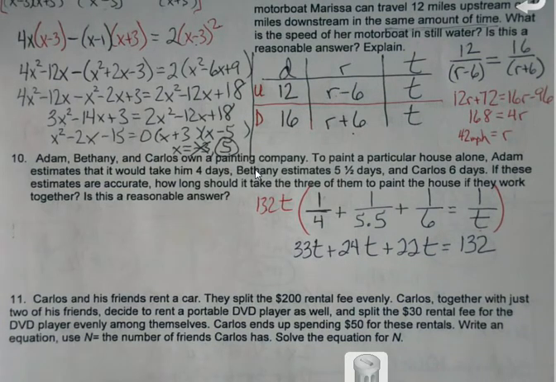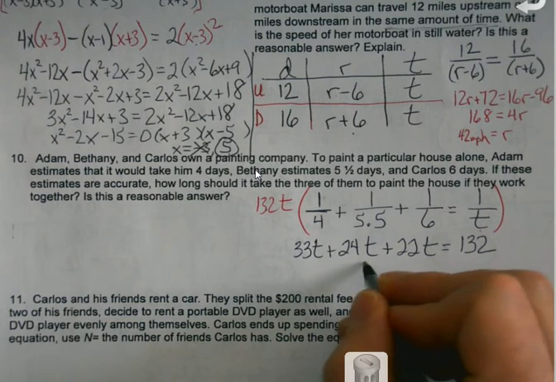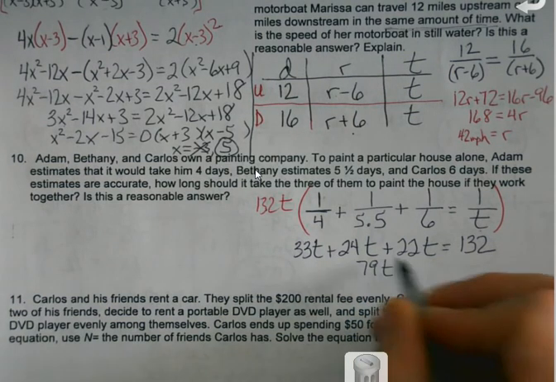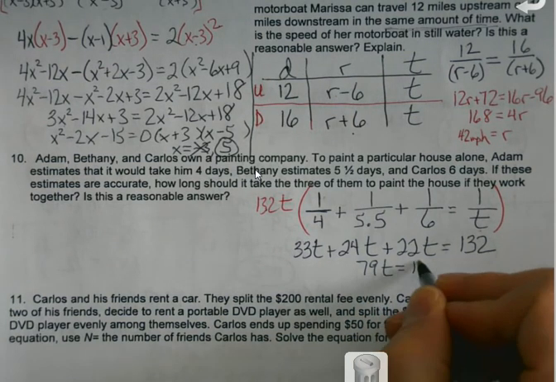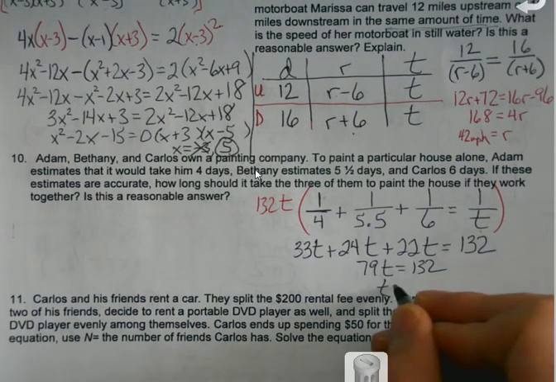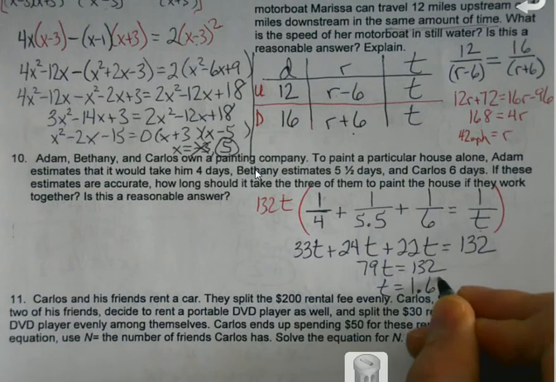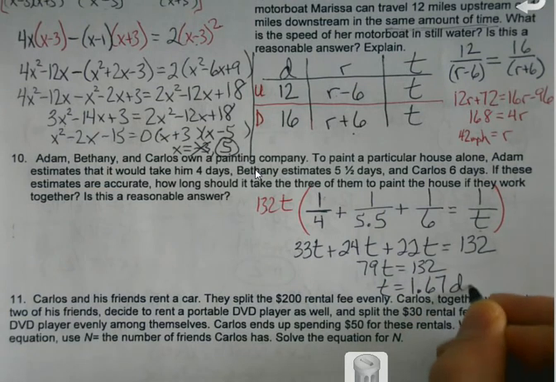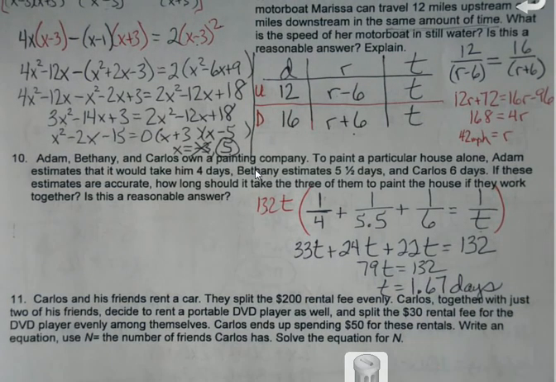So, add these guys up. 79t. Divide by 79 with the t. And it looks like, to me, if they all work together, they could knock this job out in about 1.67 days.